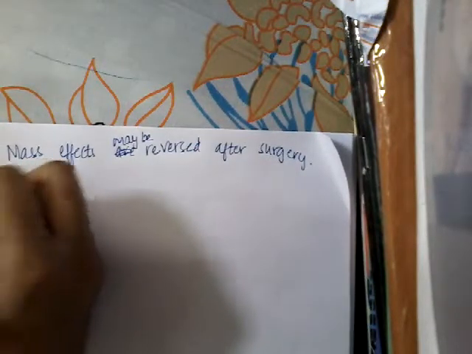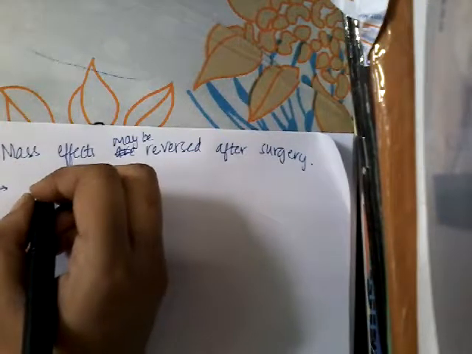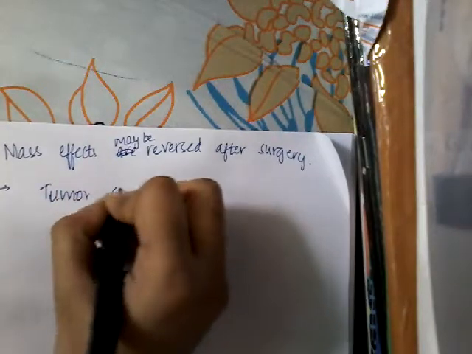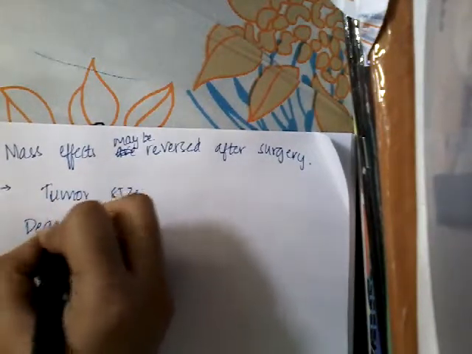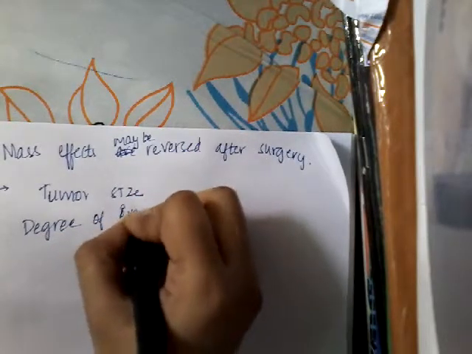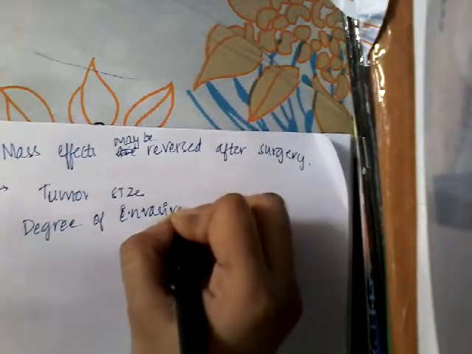Okay, next, what are the side effects? The side effects depend majorly on the tumor size and the degree of invasiveness. This is responsible for the side effects and also surgical complications.